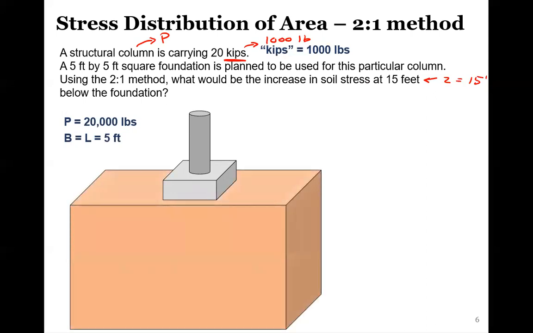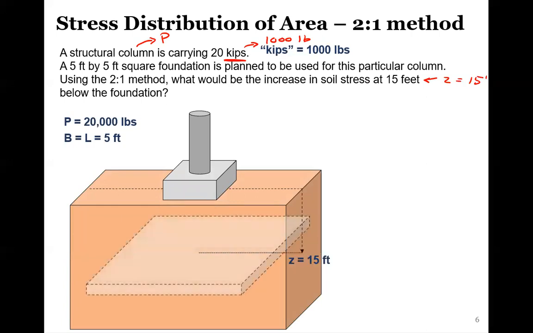At a depth of 15 feet, this surface area that is normally 5 foot by 5 foot is now going to be much larger. It's going to have a larger surface area with a slope of 2 to 1. That's kind of hard to draw here, but again, for every 2 feet down, we go 1 foot horizontally.